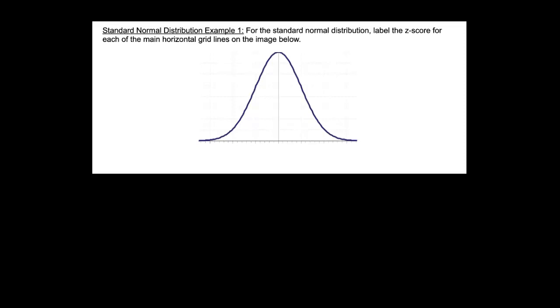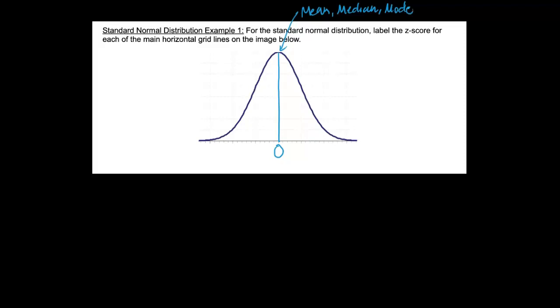So on a standard normal distribution, the curve looks like any other normal distribution curve, except the mean, which is also the same as median and mode, is always 0. So we can just label this. Remember that this line stands for the mean, also the median, and also the mode.